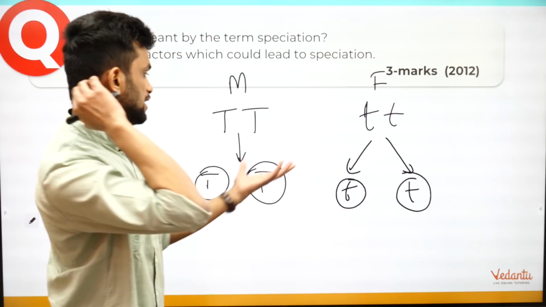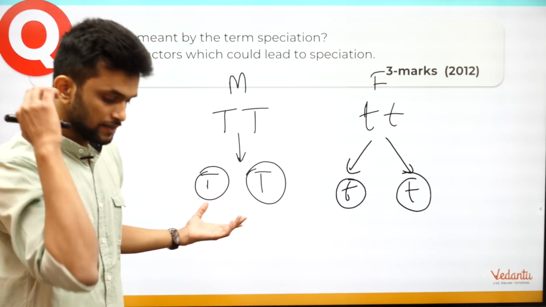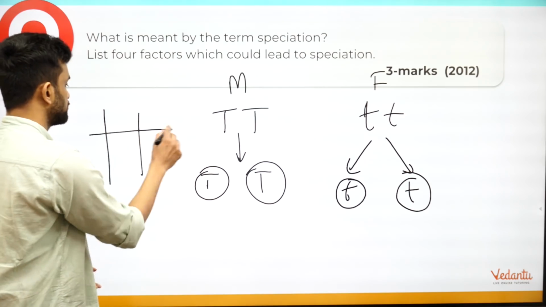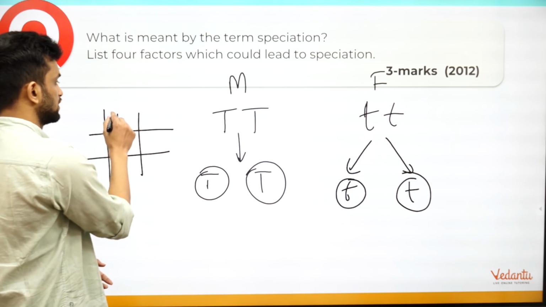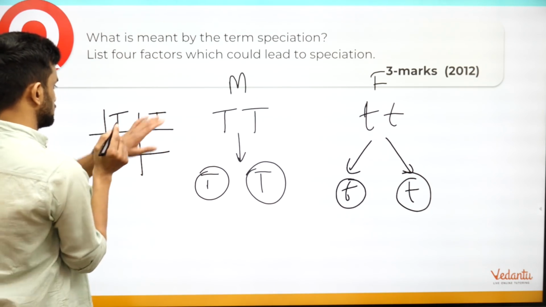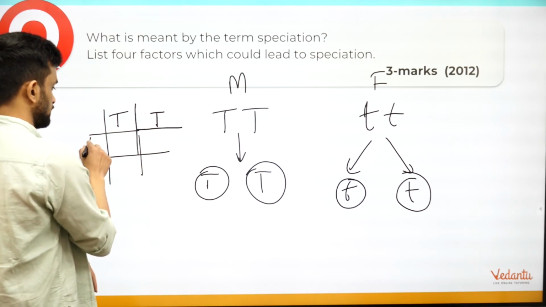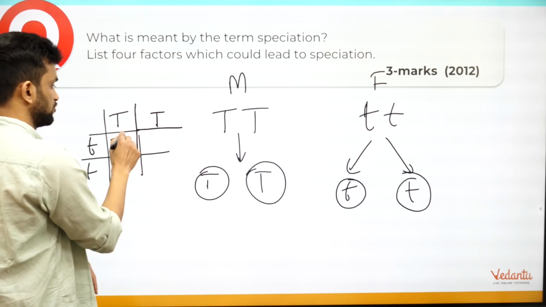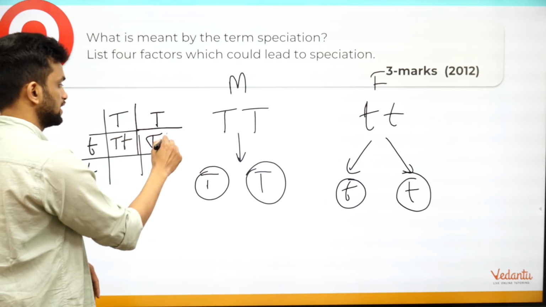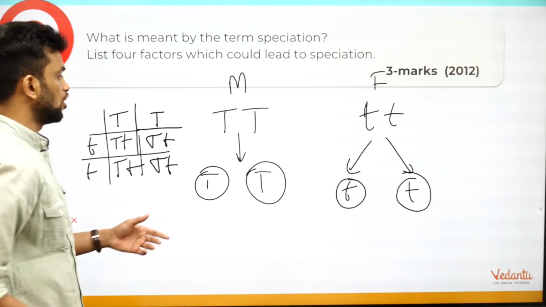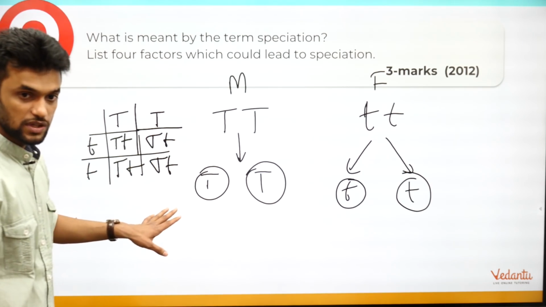Now what are the possibilities that fertilization can take place? So we'll draw this Punnett square. So here it could be capital T, small t, capital T, small t, capital T, small t, capital T, small t. So all tall individuals.